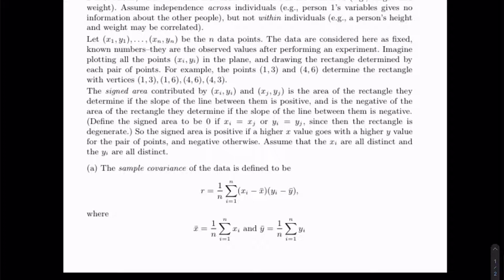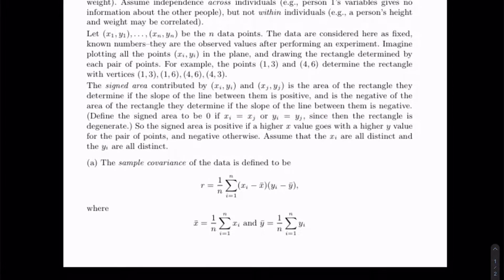And we are going to perform an experiment. We're going to imagine now plotting all points in the plane and drawing the rectangle determined by each pair of points. For example, 1, 3, 4, 6 determine a rectangle with these vertices given here. We're going to consider the signed area, which is the area contributed by these points in the rectangle, such that it is positive if the slope of the line between them is positive, and negative if the slope between them is negative.